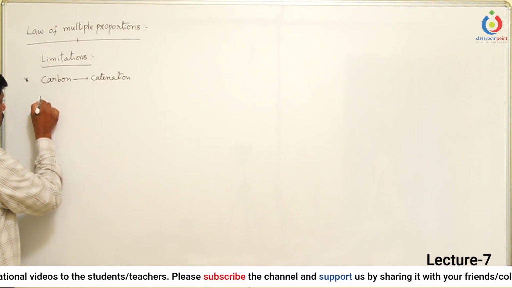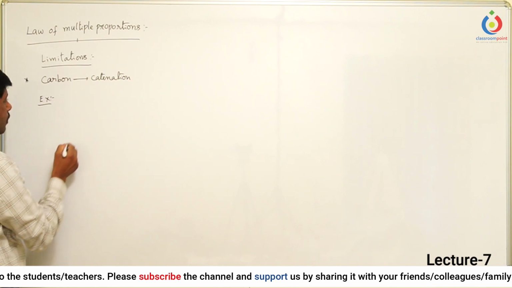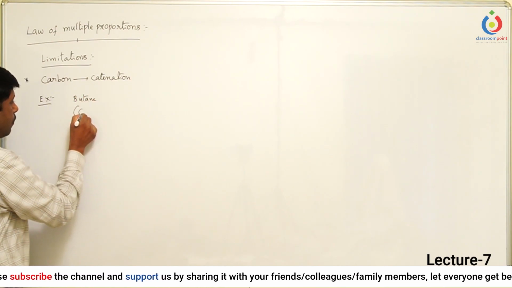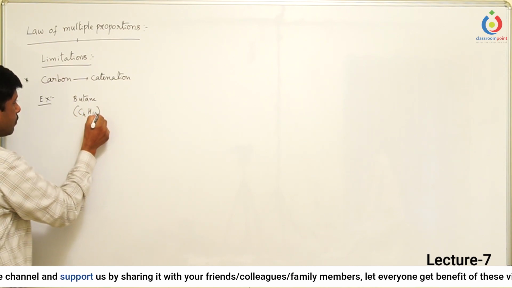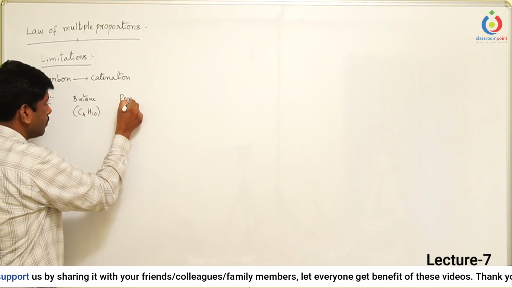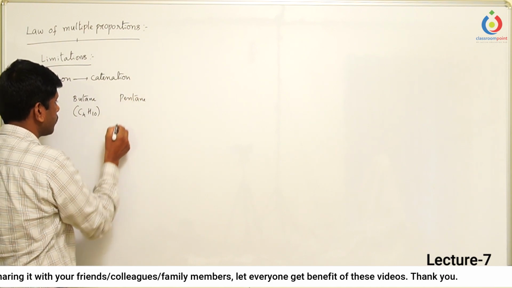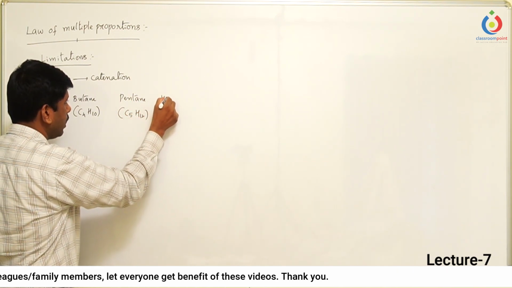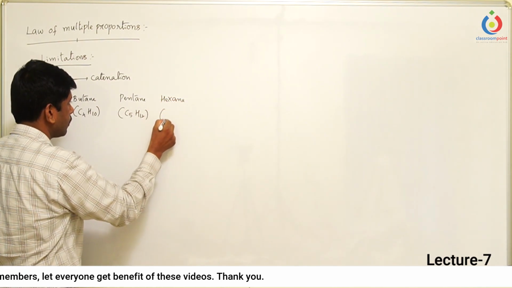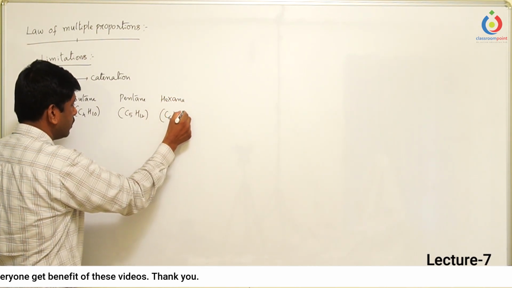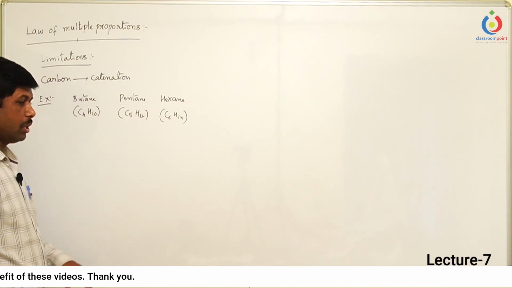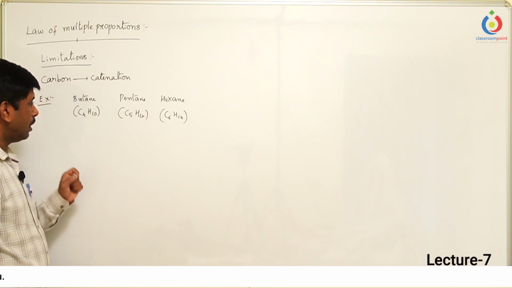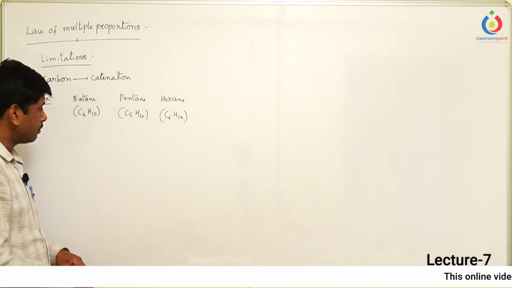Let us see some examples here. Butane, molecular formula C4H10. Pentane, C5H12. Hexane, C6H14. If we calculate the mass ratio of these elements, let us fix the mass of carbon.